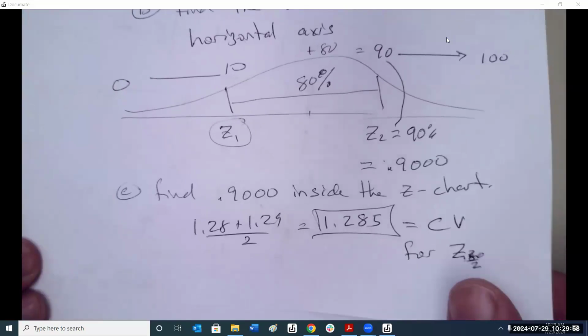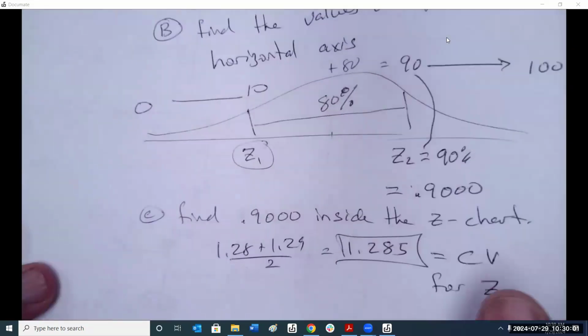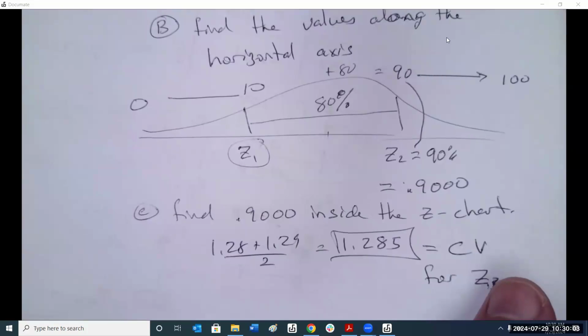Okay, so whenever we do that, remember, we're estimating the population from a sample.